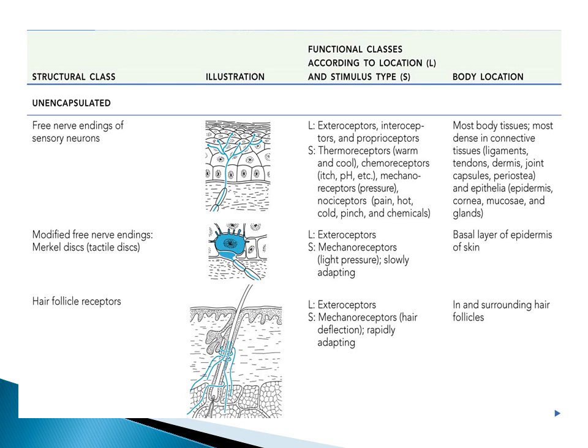So free nerve endings are found in most body tissues. They're most densely located in the connective tissues such as ligaments and tendons, in the dermis below the epidermis, in joint capsules around synovial joints, and also in the periosteum of bone.